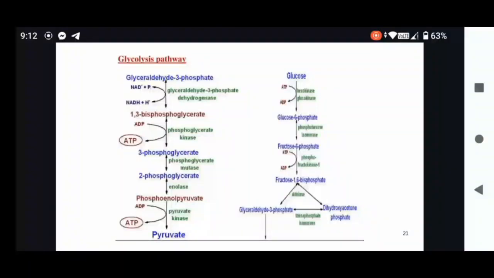In glycolysis, we all know that the byproduct is pyruvate, and it yields ATP, while gluconeogenesis uses pyruvate to produce glucose.